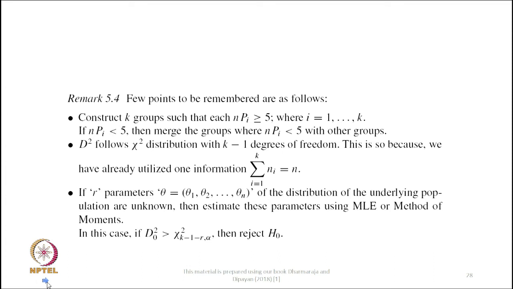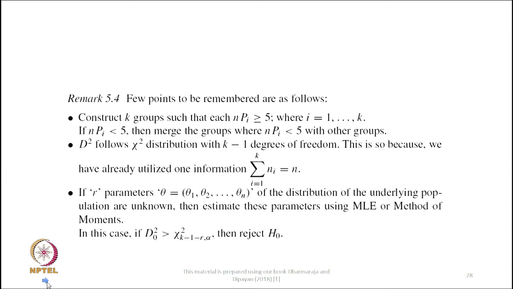If the parameter values are not supplied to you, that means those parameter values of the underlying distribution of the population are unknown, then you have to estimate them. So, you can use the maximum likelihood estimation concept or method of moments. Whatever the method you use, you can estimate those parameters.